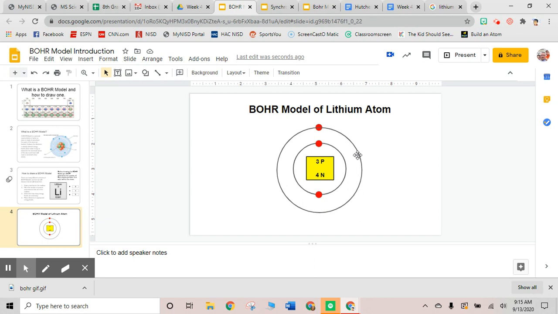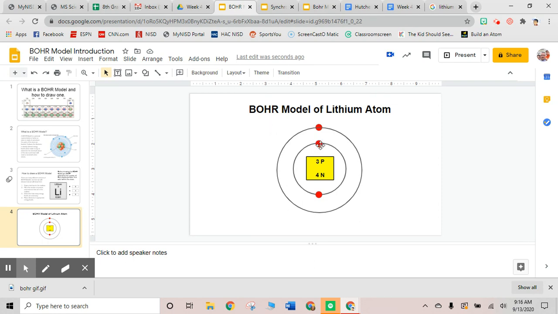Now, we don't need to know this right now for lithium, but you will need to know it later on. The second energy level can hold a total of 8 electrons around its rim. And if we have to go to a third energy level, that one also can hold 8 electrons.